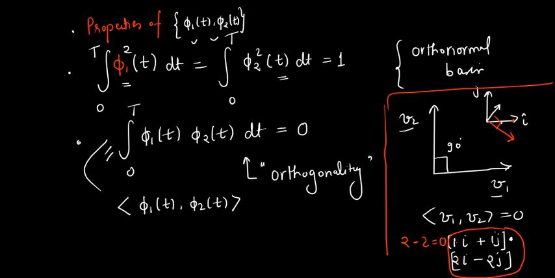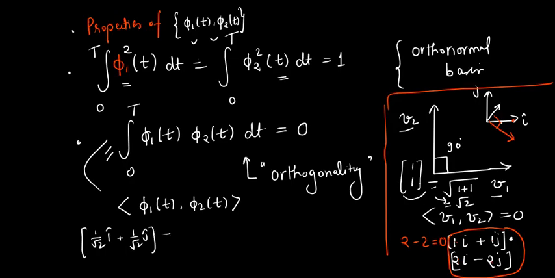now look, if this is one vector, 1 and 1, what is the magnitude of this? Under root a square plus b square, which is root 2. So this is not unit. But if we had a vector 1 by root 2 i plus 1 by root 2 j, what is the vector norm or the magnitude or the length of this vector?